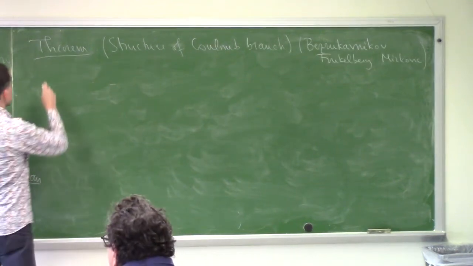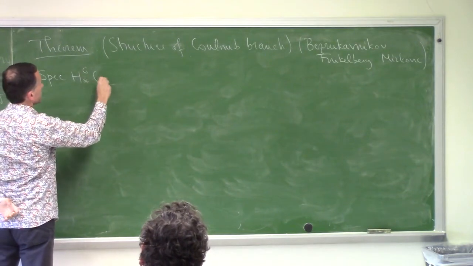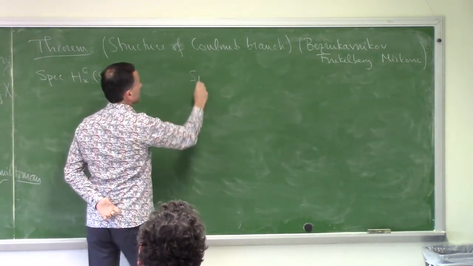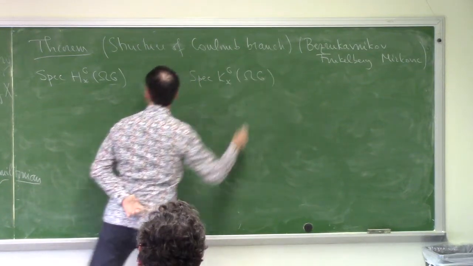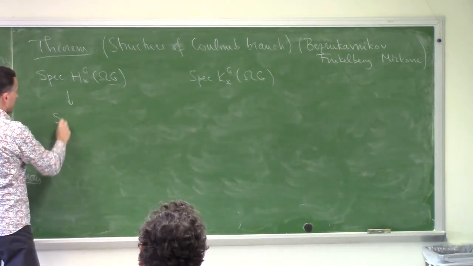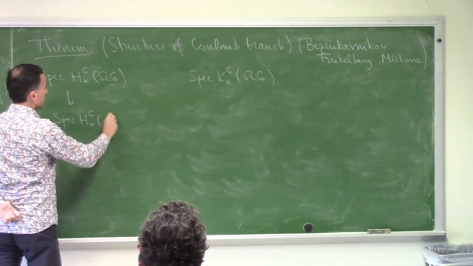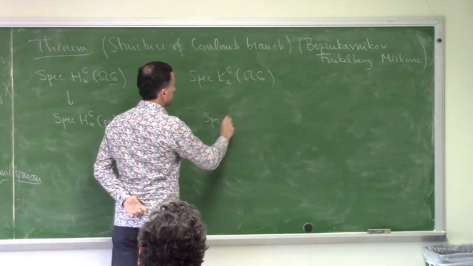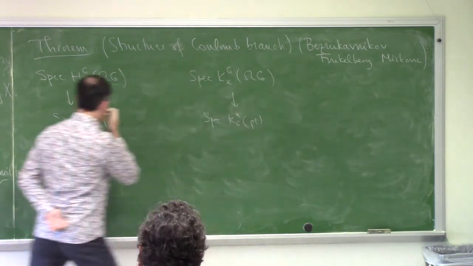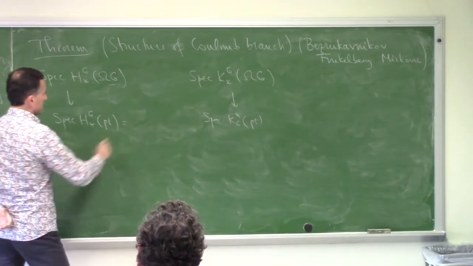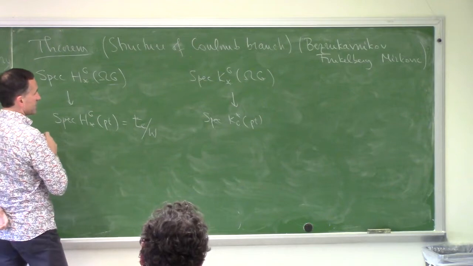All right, so first, Spec of H star G of omega G, and here we'll have a K-theory version, K star G of omega G. So it maps obviously to Spec of the homology of a point, or Spec of the invariant K-theory of a point. And this is the complexified D algebra of the Cartan of the Weyl group.